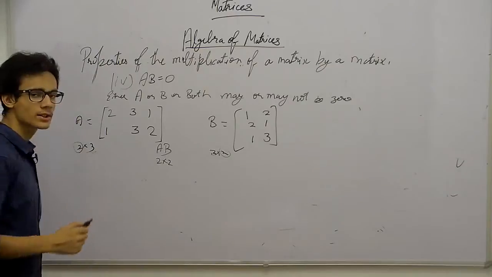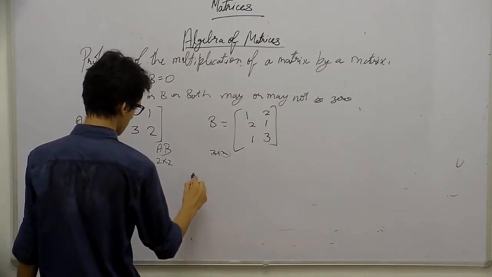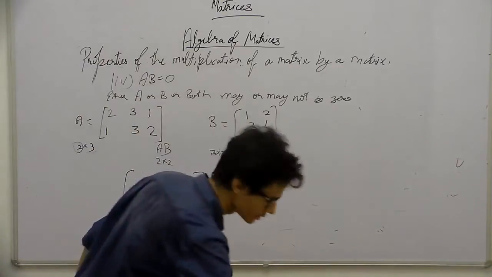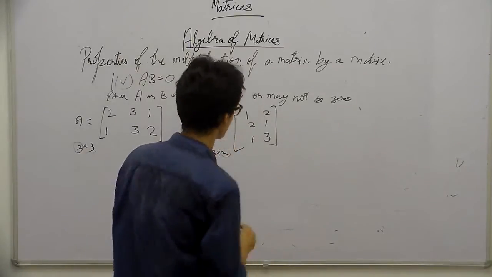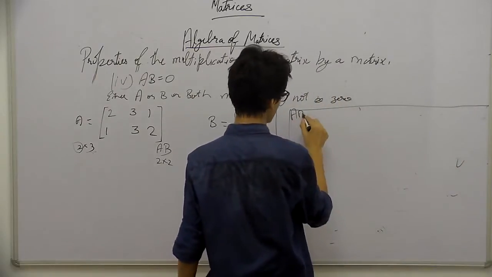So now let's calculate AB. Making a matrix of order 2 by 2, we'll calculate AB over here.